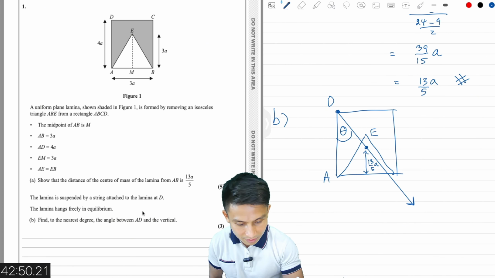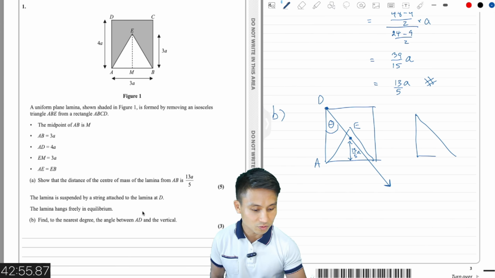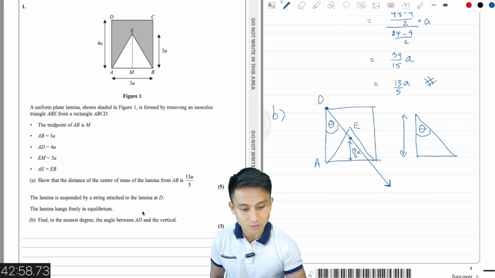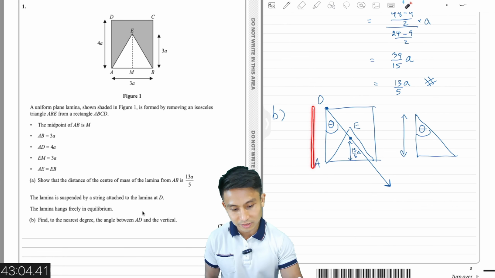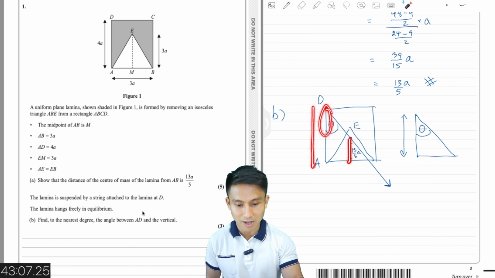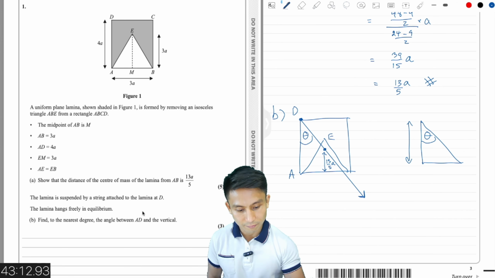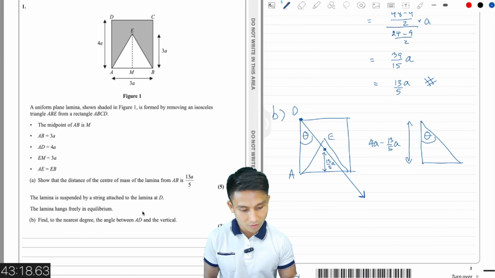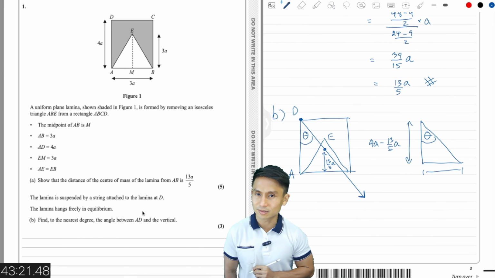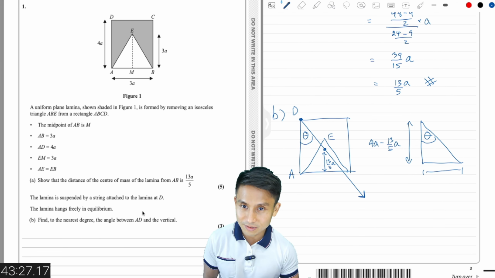So this distance would then be what? Let's just draw the distinct right angle triangle there. This vertical distance is basically this distance here. So that would be 4A, which is the total distance here, minus this distance to get just this part, right? So that is 4A minus 13 over 5 A. And then the horizontal distance here is going to be halfway between A and B, because it's got to be halfway there since it's symmetrical.